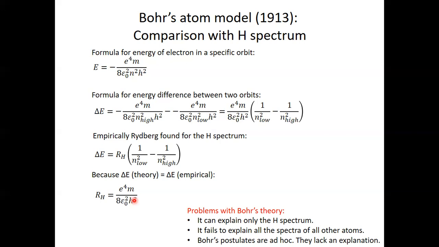And that leads actually to the second problem, which is that Bohr's postulates are ad hoc and they lack an explanation. So in particular, it doesn't really explain why the electron would behave the way it behaves. Okay, why does it act as a quantum mechanical particle, being allowed only in certain orbits and not on all orbits?